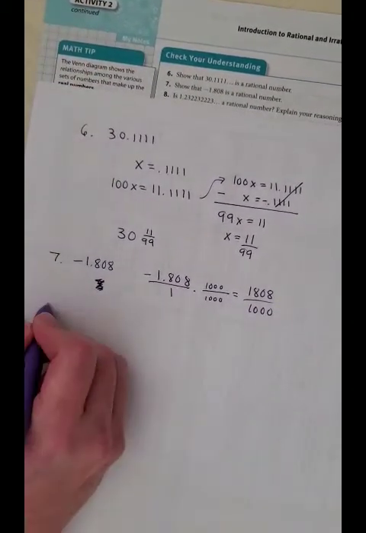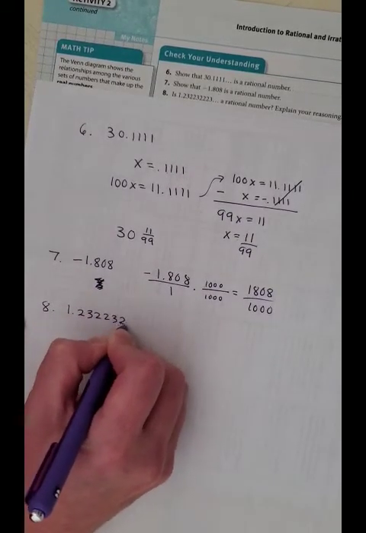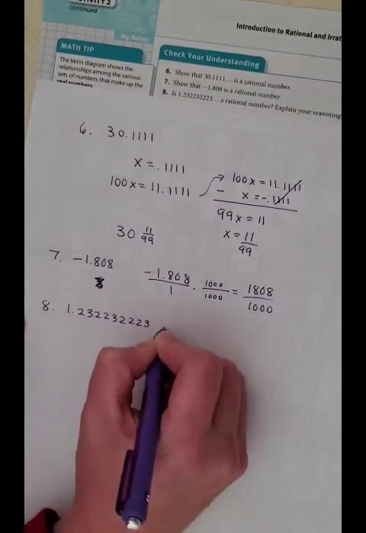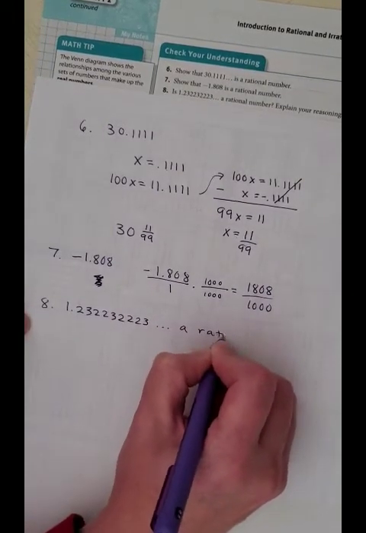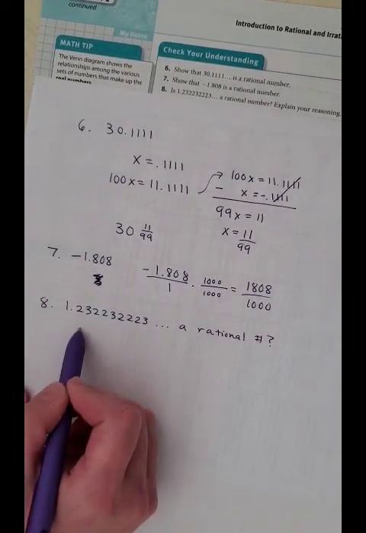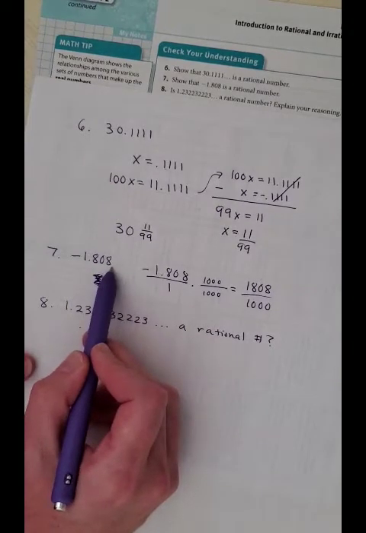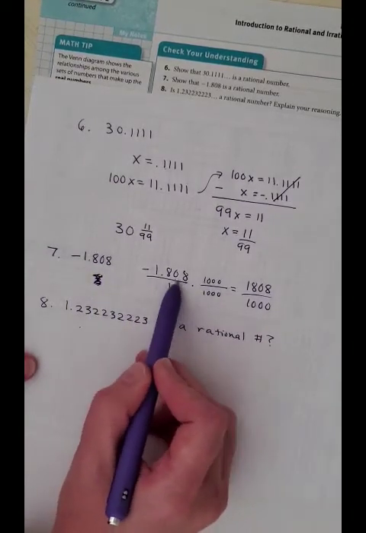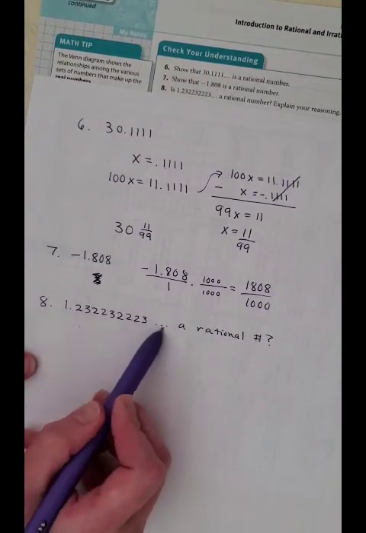All right, next, number 8 is 1.232232223, a rational number, and this goes on forever. So do you see that if I was going to apply this method, my number here terminates? That's why I could multiply by a value that would make this an integer value. I can't do this here because this number goes on forever.